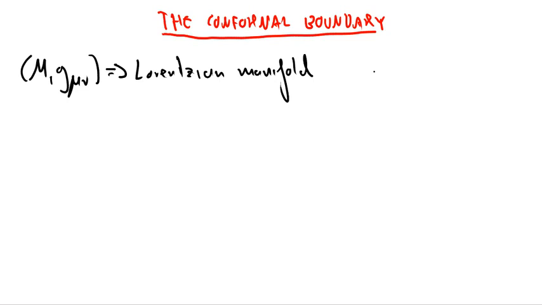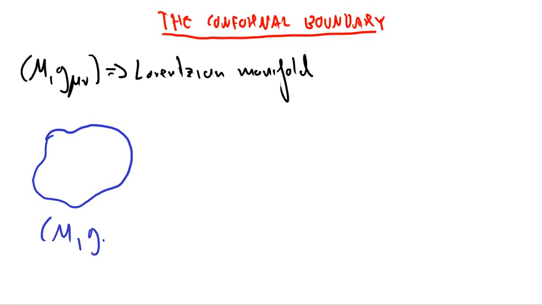But the obvious question is, what is the outside of our Lorentzian manifold? We need to define that some way. And what we are going to do is introduce a larger manifold and embed our manifold into the larger manifold. Okay, so suppose that you have this, which is going to represent our space-time.